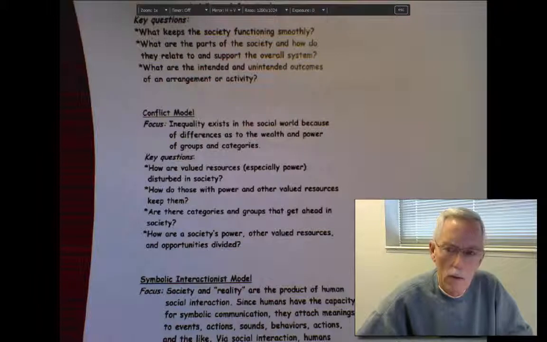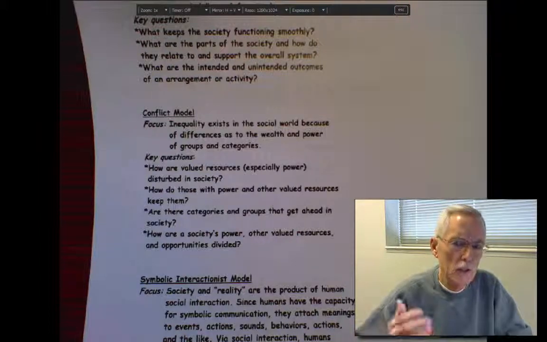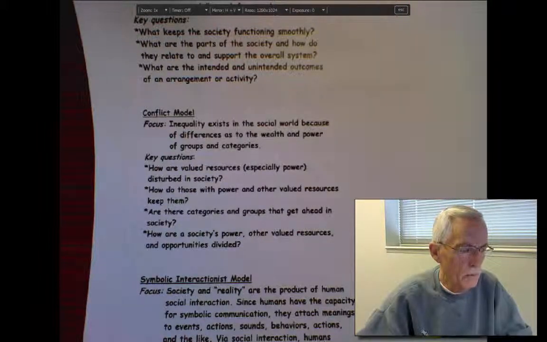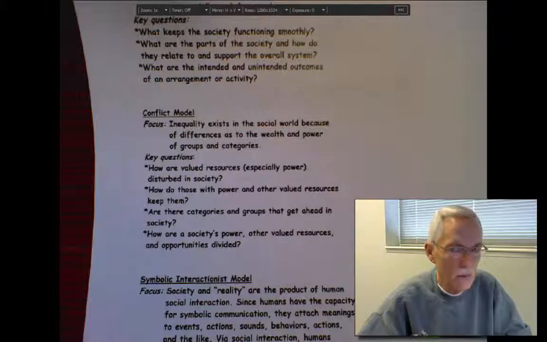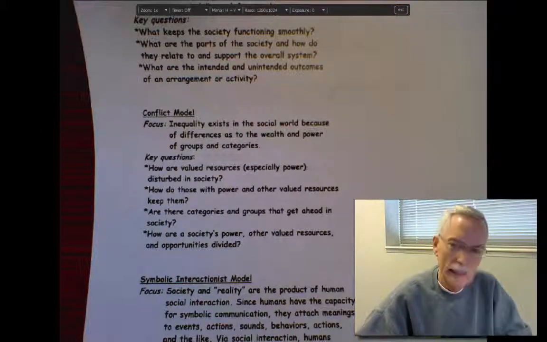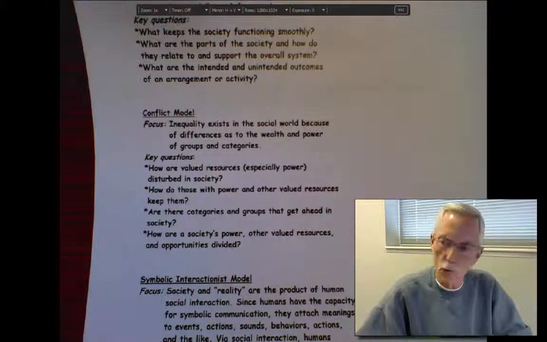Also, bear in mind this model emphasizes that change is an inevitable part of human social life, and it's often abrupt or sudden. And it is also often the result of conflicts between and among individuals, groups, organizations, and the like.